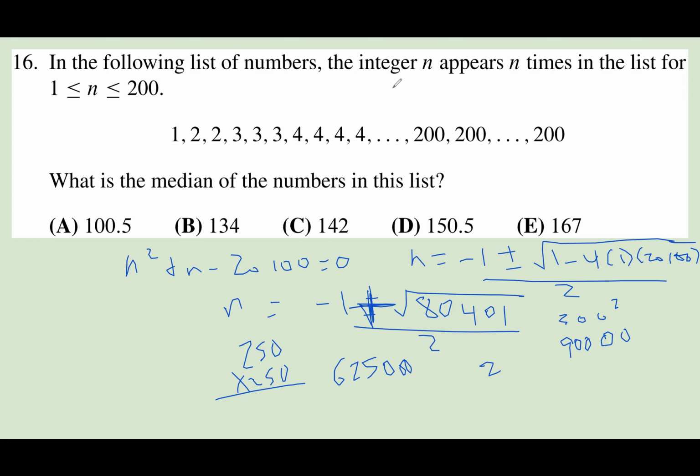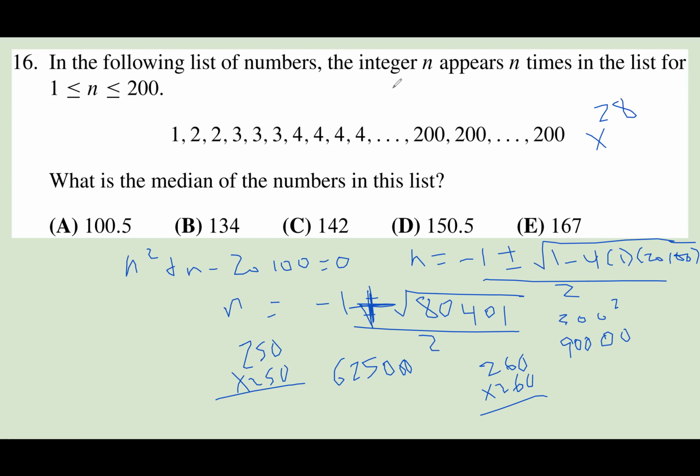What about 260 times 260? 26 times 26 would be 625 plus 51, 676. Right? So it's still too low.